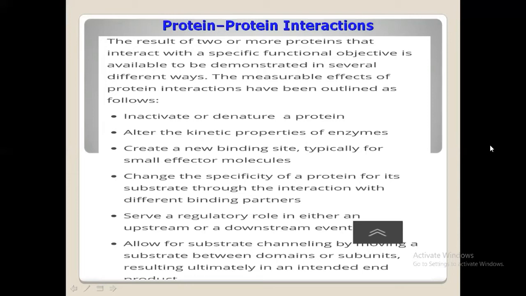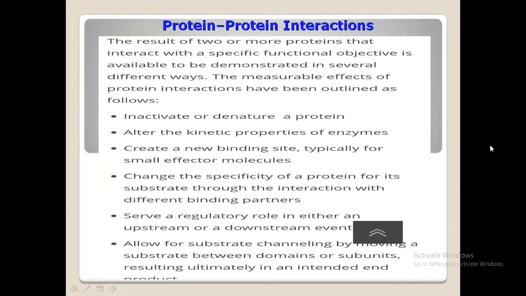The measurable effects of protein interactions have been outlined. This is the outline of doing a protein-protein interaction analysis. First, inactivate or denature the protein of interest for which you want to study PPI.